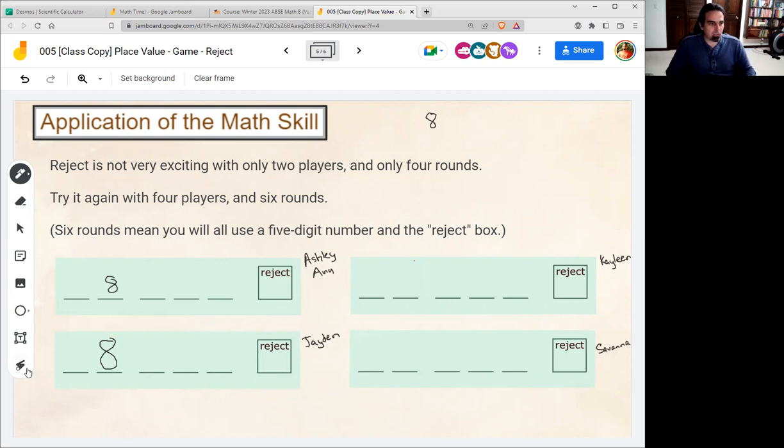Savannah says thousands. So tens, hundreds, ones, tens, hundreds, thousands is there. Okay, and Kayleen made a marker. Everyone picked the same. Okay, maybe this will be a tie.